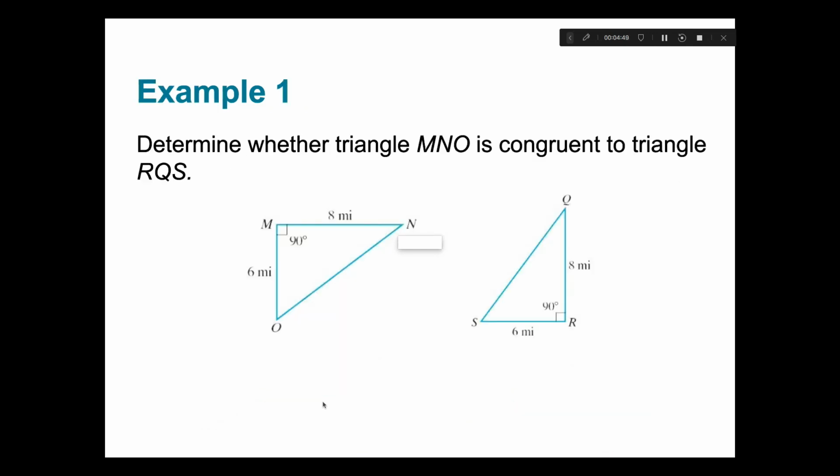So, are these two congruent? And this should be on the back of your paper. Are these two triangles congruent? When we look at them, here's something we need to remember. We have to have the same angles in the same spot. This 90-degree angle has to correspond with this 90-degree angle.